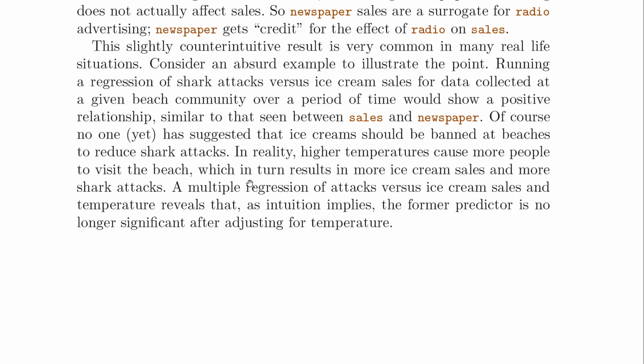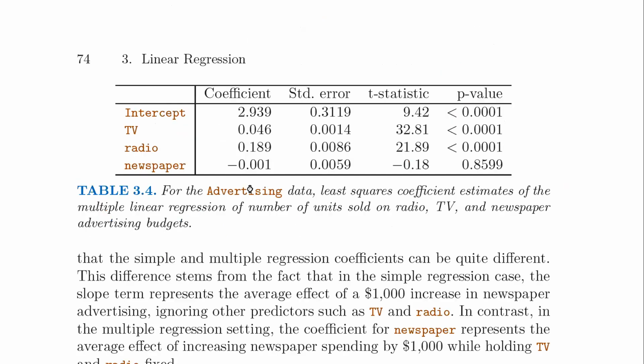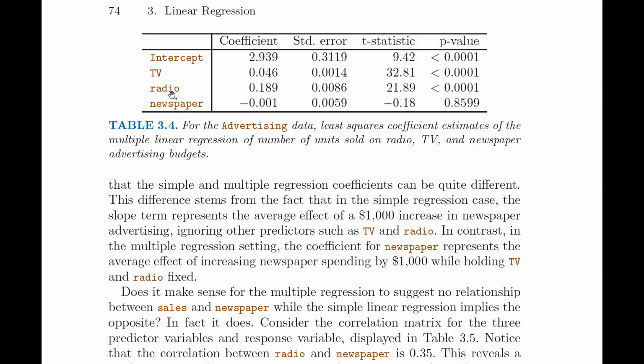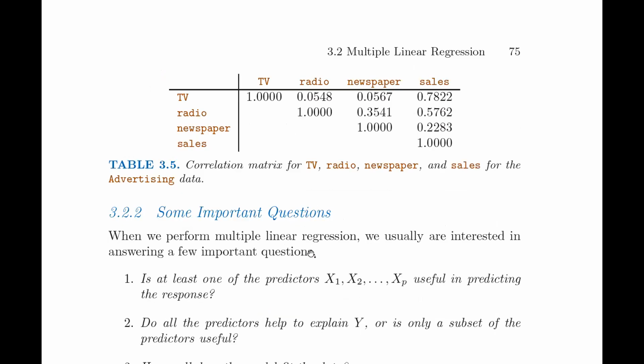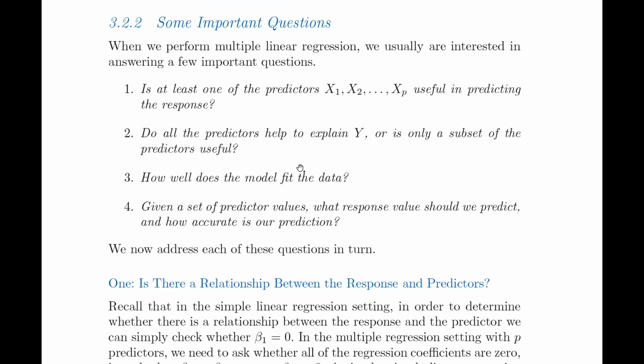Same thing in what we're doing over here. Now that we've included TV and radio, it would appear that newspaper advertising budgets do not actually influence the number of sales.